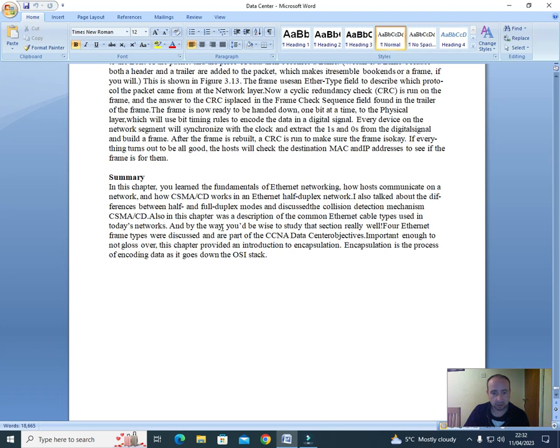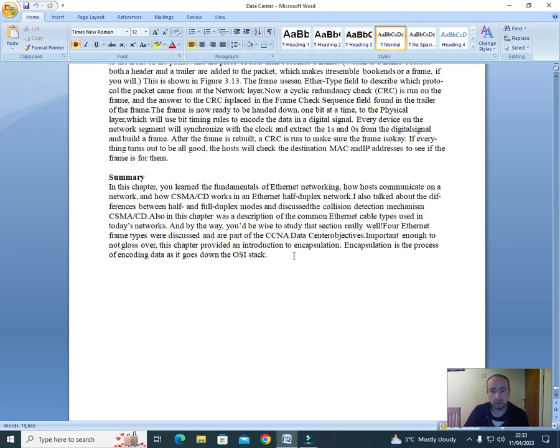Also in this chapter was a description of the common Ethernet cable types used in today's networks. And by the way, you'd be wise to study that section really well, as Ethernet frame types were discussed and are part of the CCNA Data Center objectives. Important enough to not gloss over.